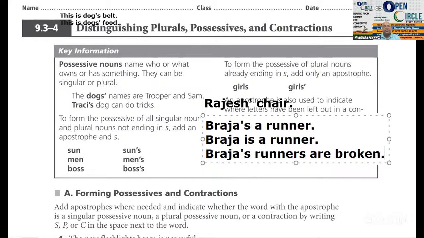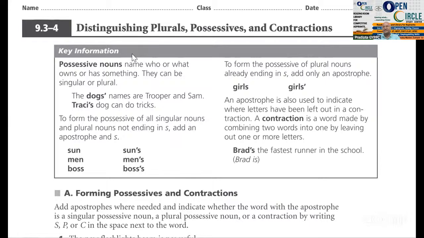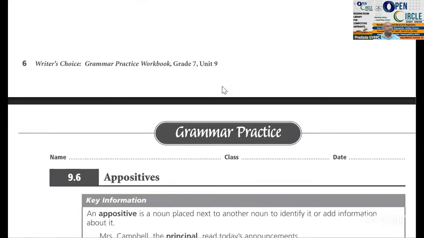Got it? So depending upon where you use it, here it is Braja is, and here it is Braja's. Got it, everyone? Now let's proceed further. You know the difference between its and it's, with apostrophe s and without, but many of you make mistakes while writing that.